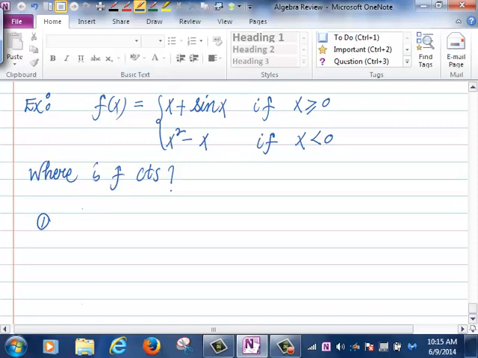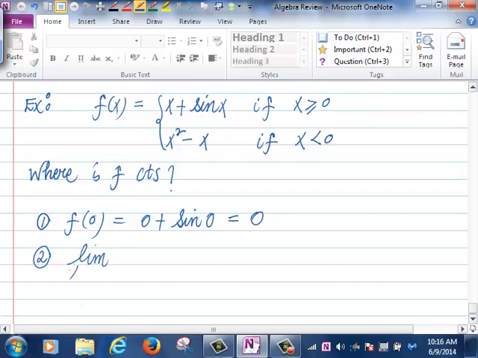Sorry, we're talking about what's happening at 0, not at 1. Okay, so f of 0, is f of 0 defined? Well, f of 0 would be given by the first formula, right? Which is 0 plus sine 0, which is 0, right?